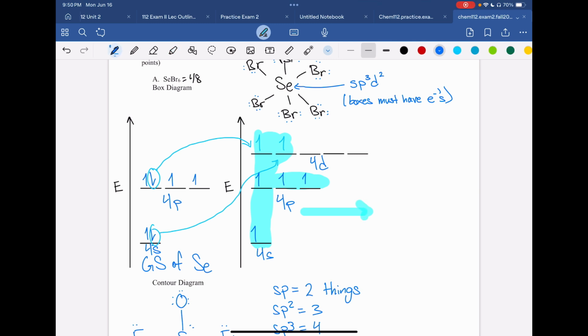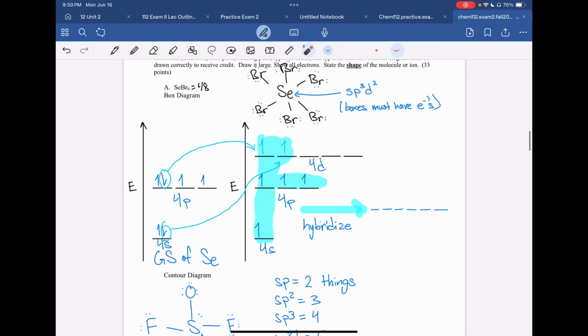Okay, this is also very, very important. When you hybridize, your hybridization orbitals 1, 2, 3, 4, 5, 6 must, absolutely must be above the S but below the P, okay?